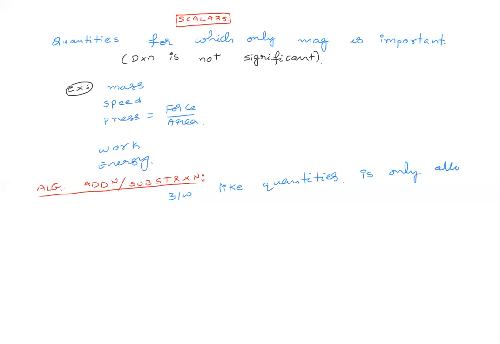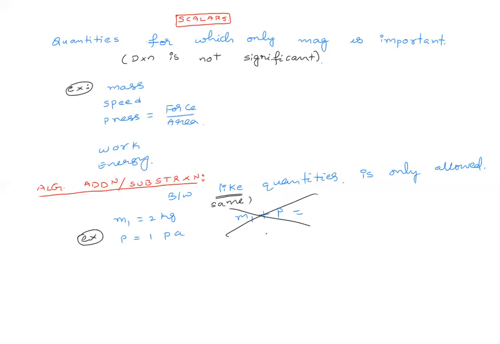That means if I have mass m1 equal to 2 kg, and another scalar like pressure equal to 1 Pascal, mass m1 plus pressure is not allowed. Like quantities means same quantities.